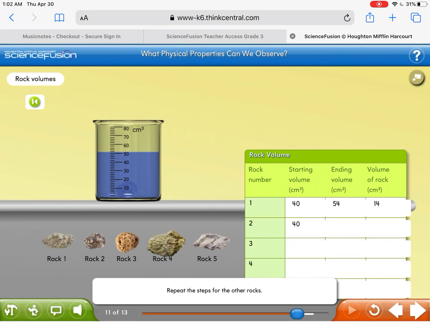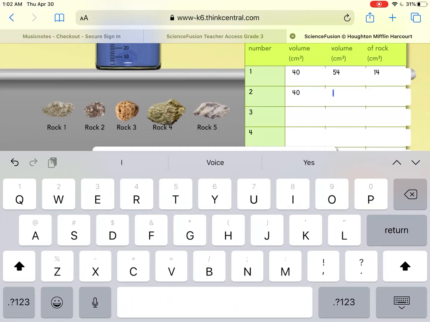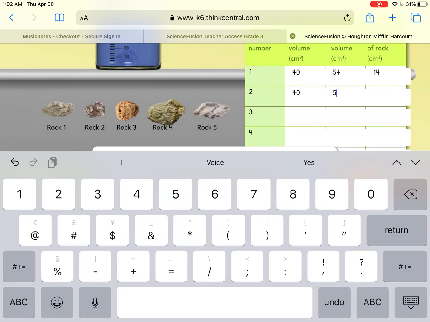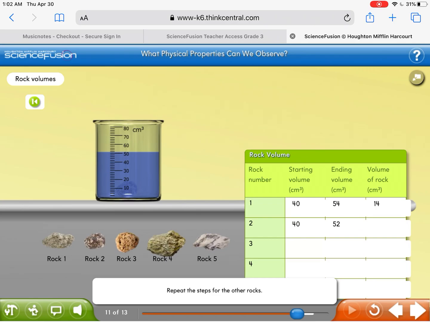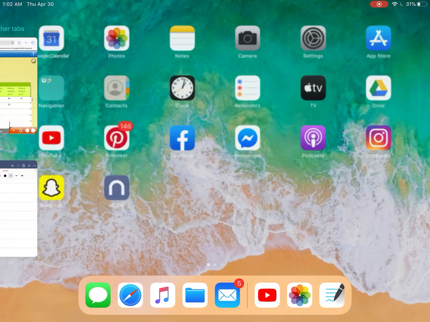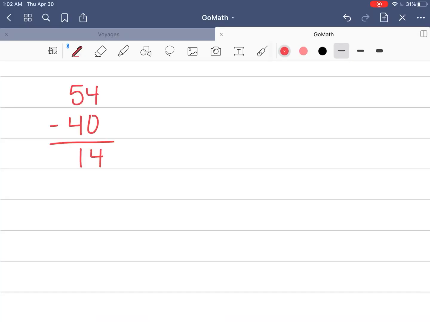All right, so it's above the 50 and it looks like it's right about at that first line, so I'm going to say 52 cubic centimeters, so we need to do 52 minus 40.